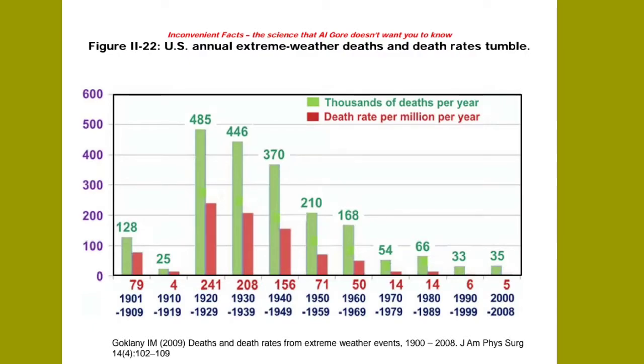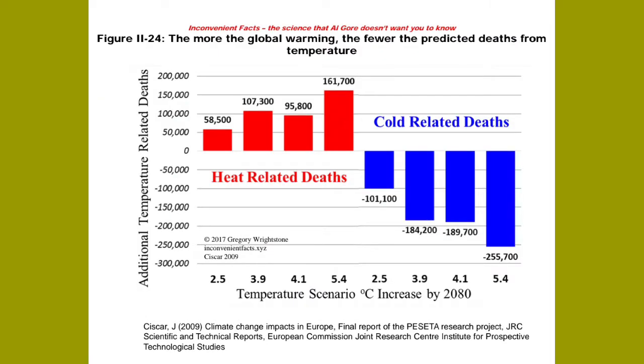This is in the US, of course, but we're going to see there is a trend that is global as we go on. And here again, the more global warming, the fewer predicted deaths from temperature. These are predictions going up to 2080.